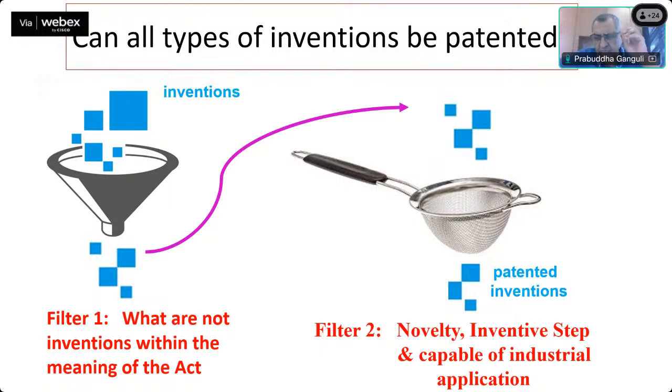Filter number 2. So what we will have to do is evaluate. We will have to understand what is the meaning of the word novelty, what is the meaning of the term inventive step, and what is the meaning of the expression capable of industrial application.